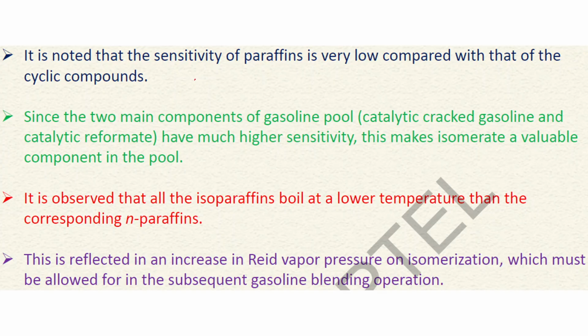Basically, here sensitivity is research octane number minus motor octane number. As I explained earlier, the motor octane number is basically the knocking property under load, under a more robust environment, which automatically reduces the octane number compared to the research octane number, which is the octane number measurement at normal conditions.